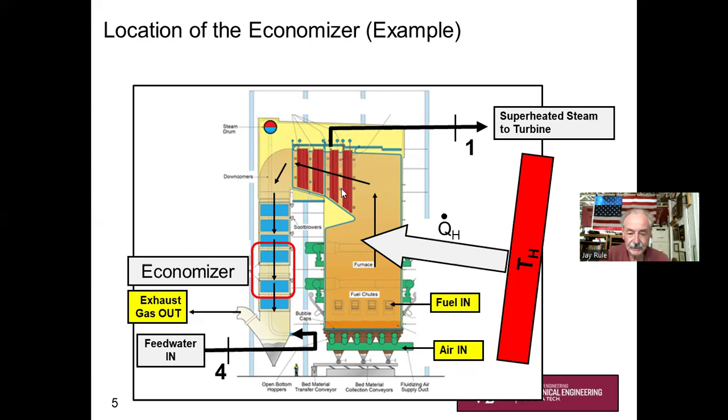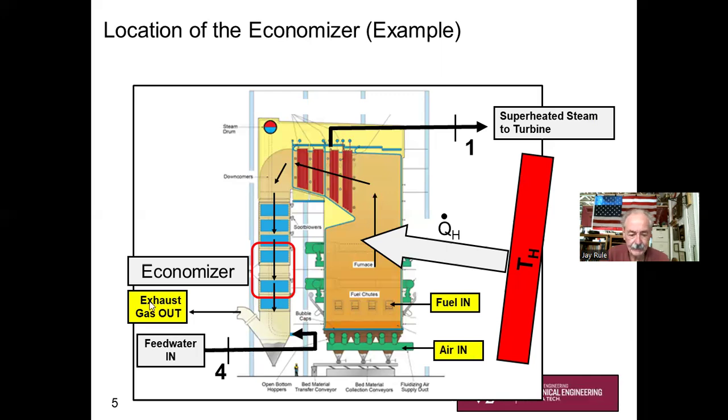And so you can see that if we follow the exhaust products, we're coming down and then ultimately going out to the exhaust stack. And so the economizer is outside of the furnace section, but it is still involved with the furnace itself.